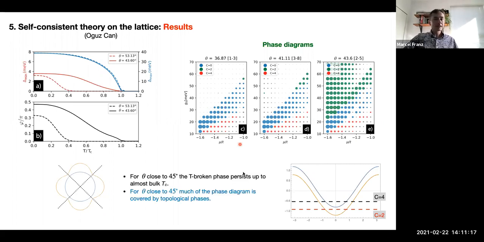So the bottom line is that this detailed modeling shows that close to 45-degree twist angle, almost the whole phase diagram is interesting in that if you have the ability to control the doping level, which has been already demonstrated for a single monolayer, you should be able to find an interesting topological phase in this system.